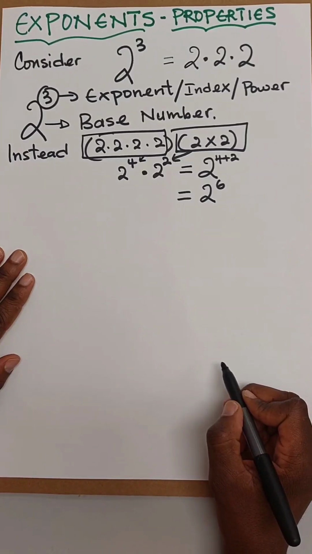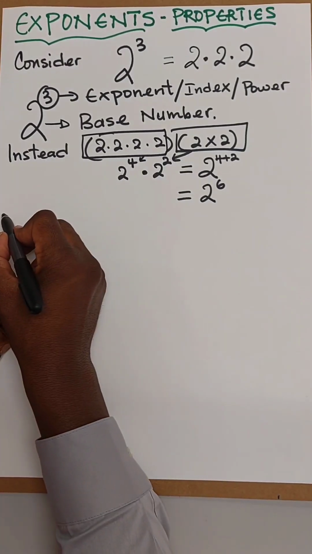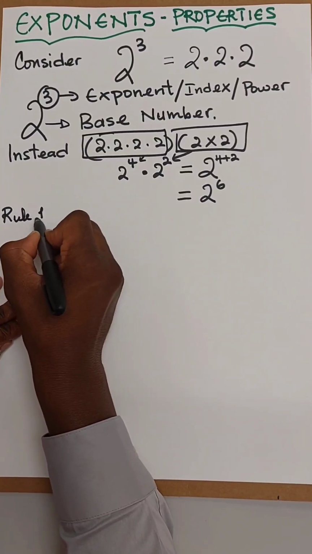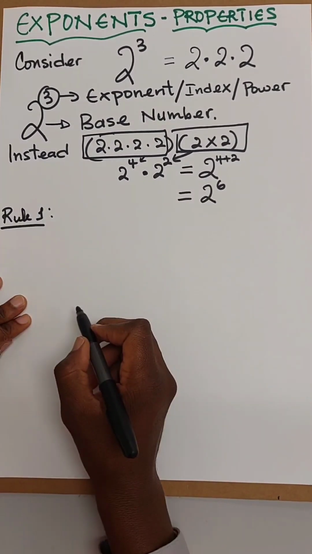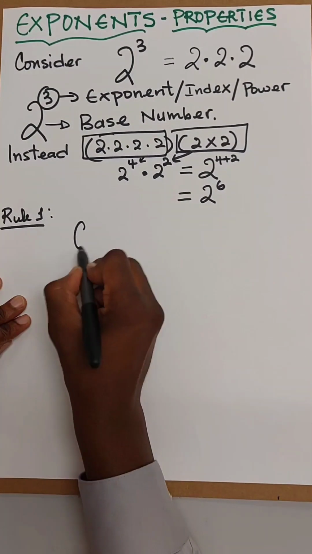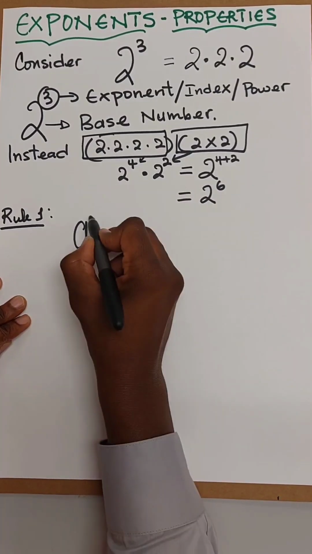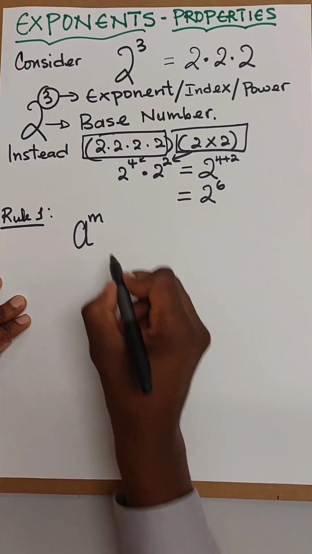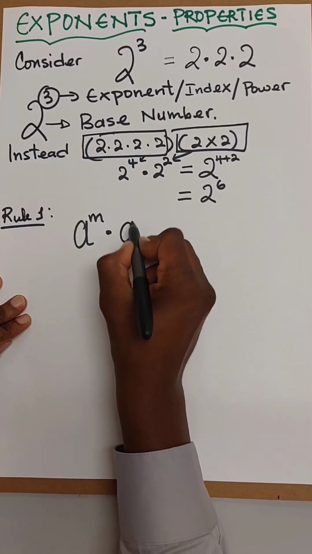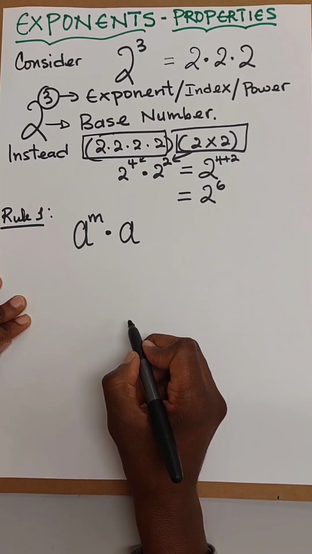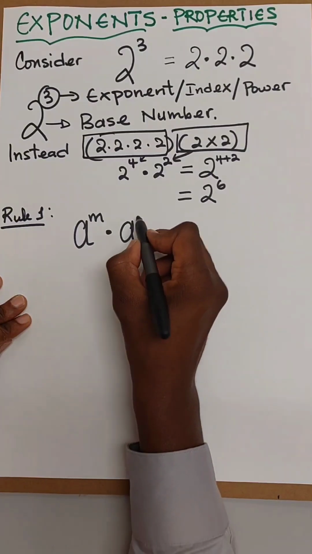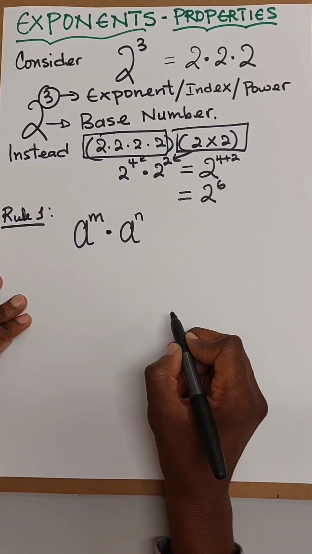That brings us to the first rule for exponents, which we are going to call rule 1. Rule 1 says that if we have a base number a to the exponent of some number m, times the same base number, it has to be the same base number for the laws of exponents to work, to some other exponent n.